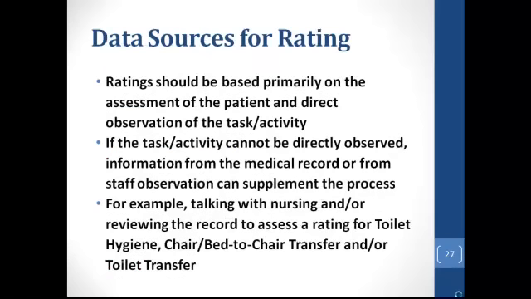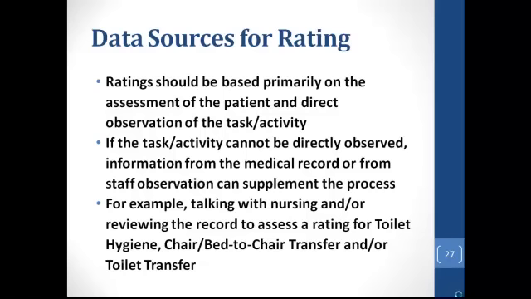Lastly, let's discuss other data sources for rating the care items. First and foremost, the rating should be based primarily on the assessment of the patient and direct observation of the task or activity. However, if the task or activity cannot be directly observed, then information from the medical record or from staff observations can supplement your process.